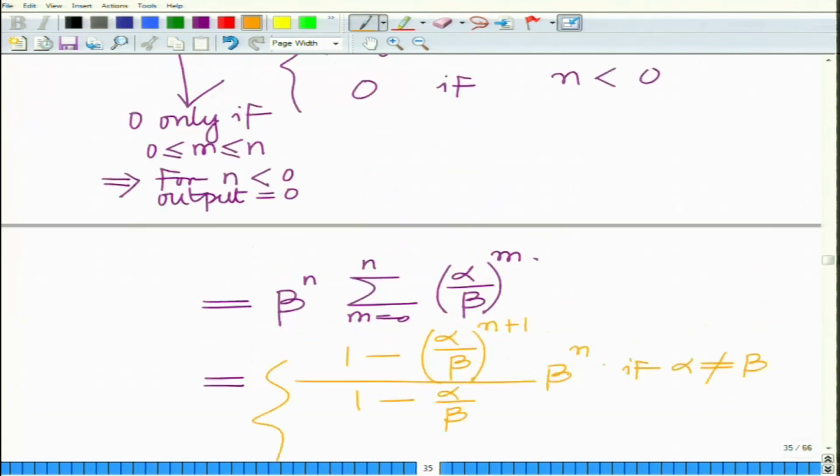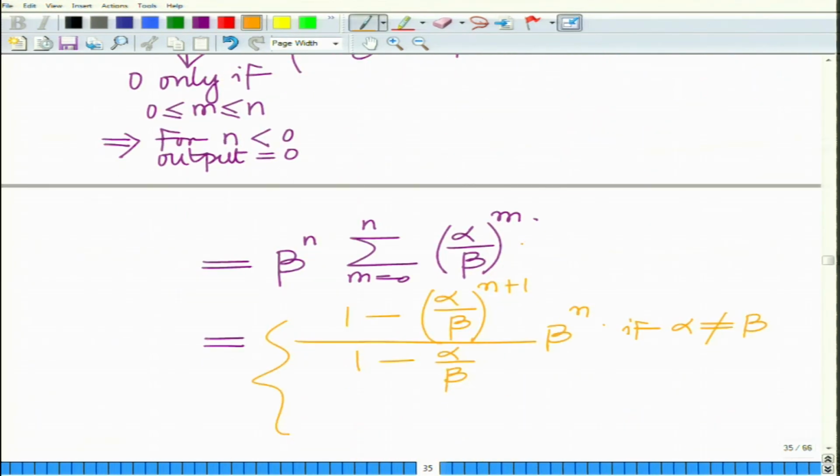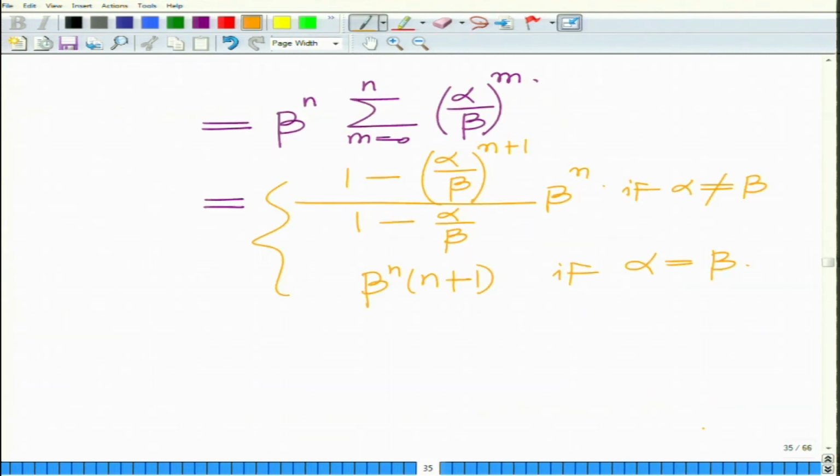If alpha is equal to beta, then each term alpha over beta is 1, so the summation m equal to 0 to n of alpha over beta to the power m will simply be the summation of 1, which is n plus 1. So, this will be beta to the n times n plus 1 if alpha equals beta, and both these are for n greater than or equal to 0.